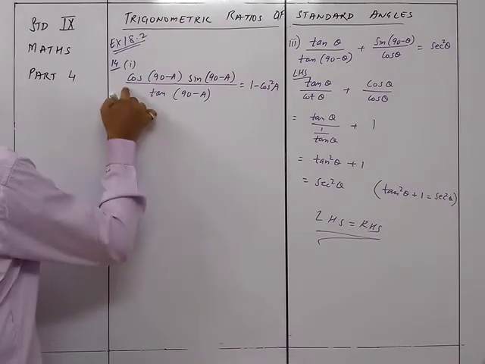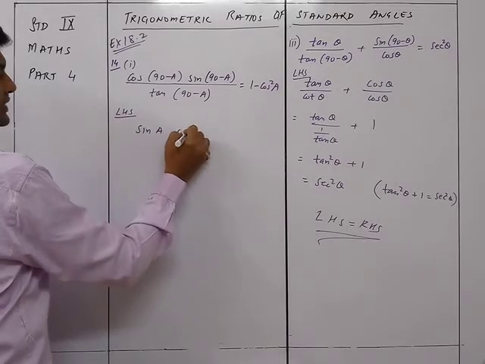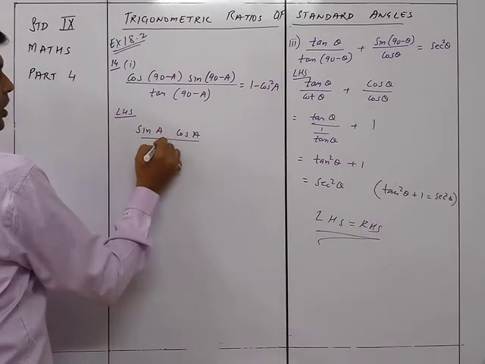LHS: cos 90 minus A is nothing but sin A. This is nothing but cos A upon cot A.